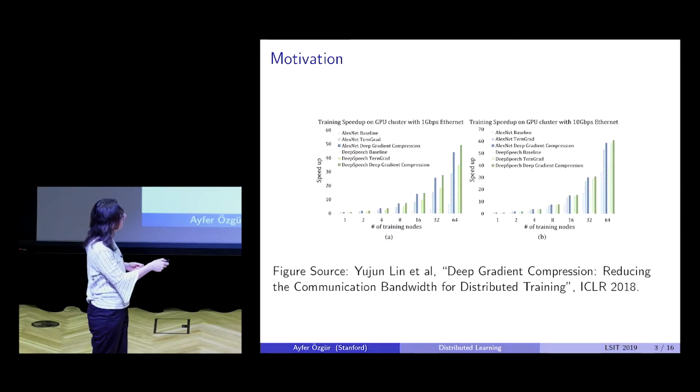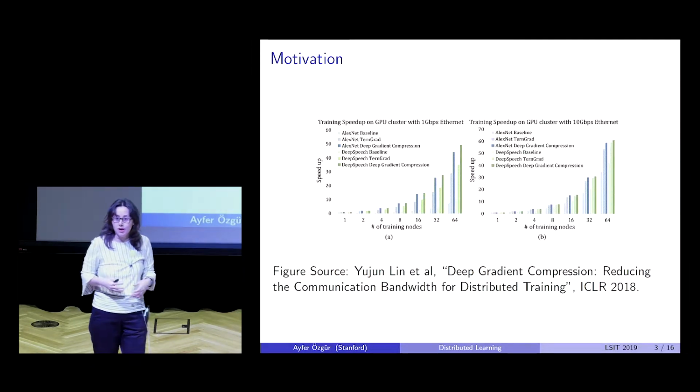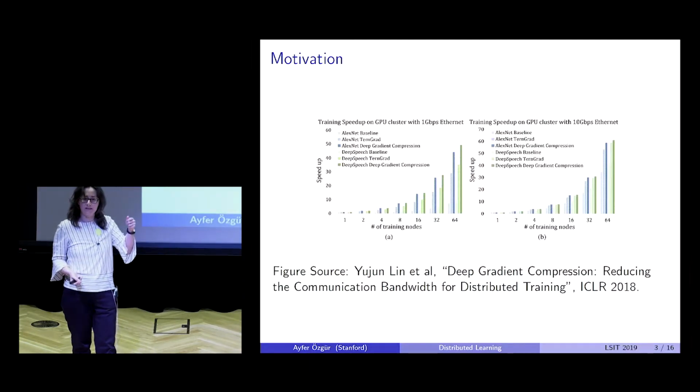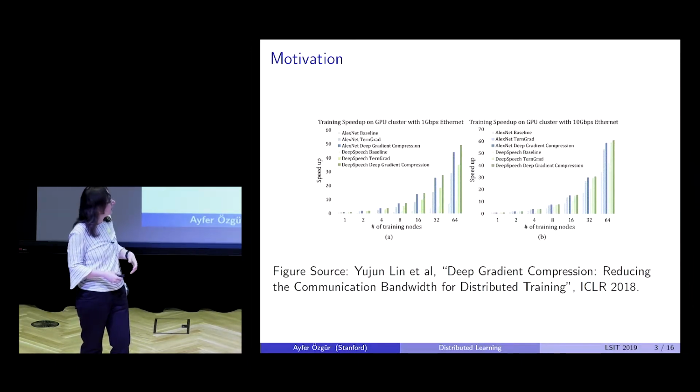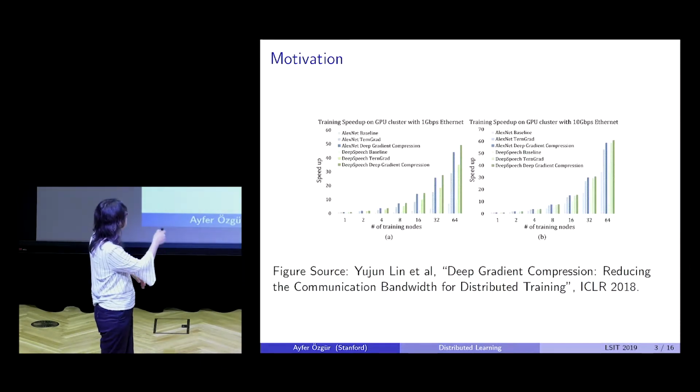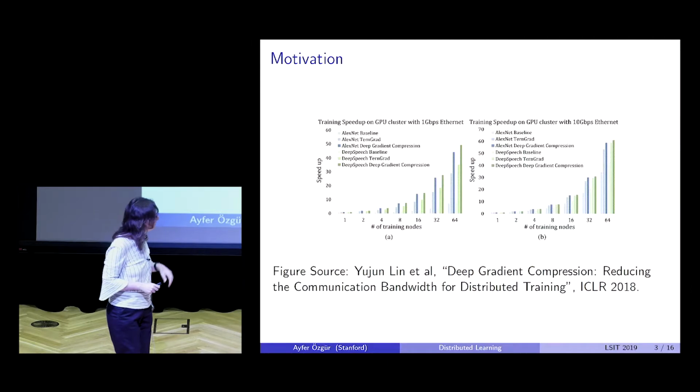But if you increase the network bandwidth to 10 gigabits per second, then you get a factor of 30 speed up. And the point of their paper is to say that if you don't communicate these gradient vectors as they are, but you do some compression, you can actually achieve that factor of 30 speed up on the slower network, okay?